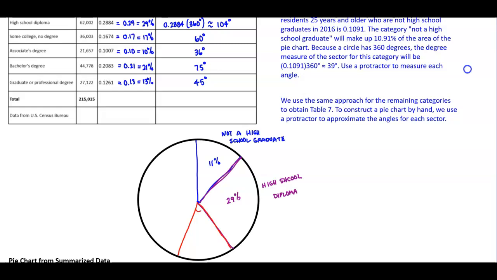Again, this angle represents 60 degrees, just so that we understand what happens there. And the percentage is 17%. So this is going to represent 17%. And what do we know about this category? Well, this category represents some college, no degree.